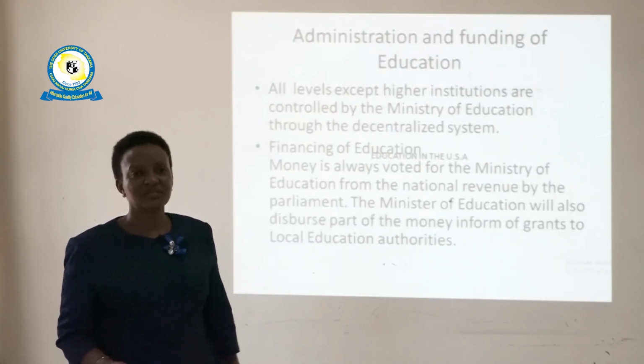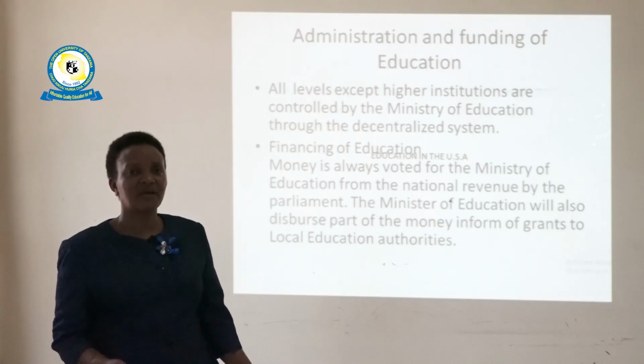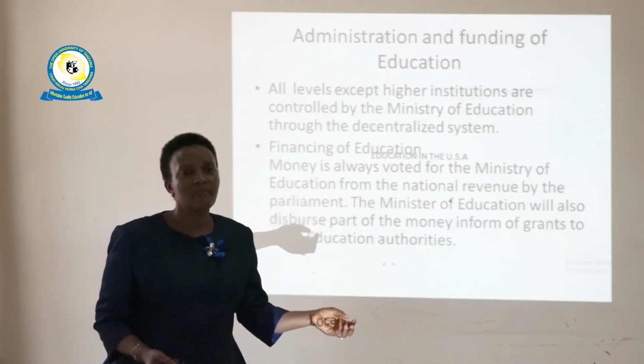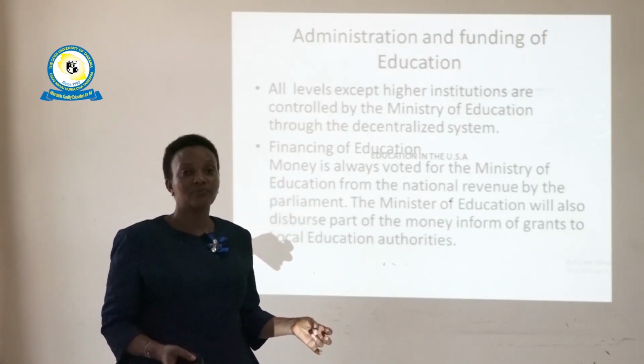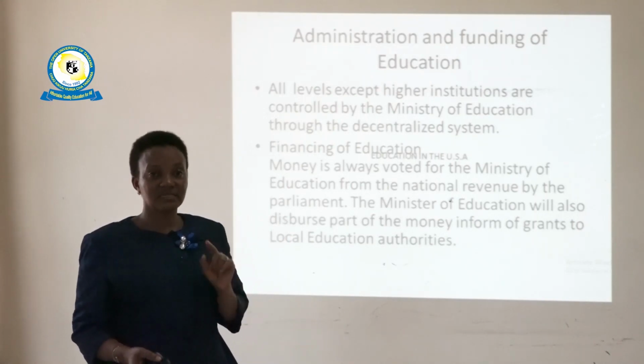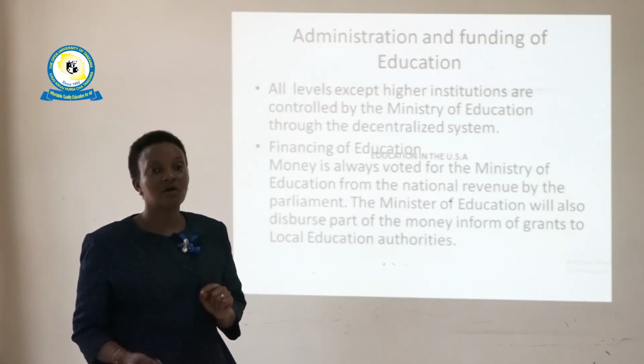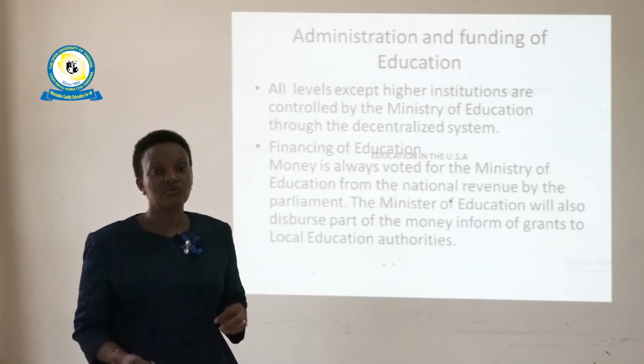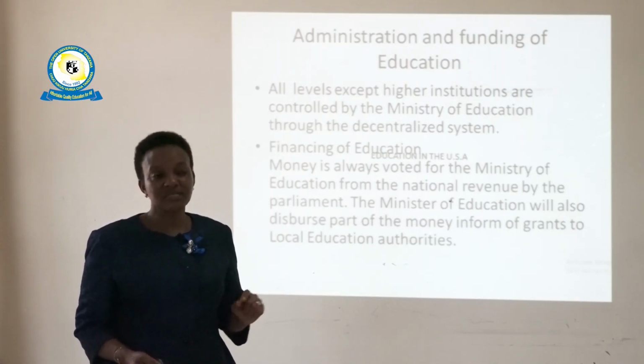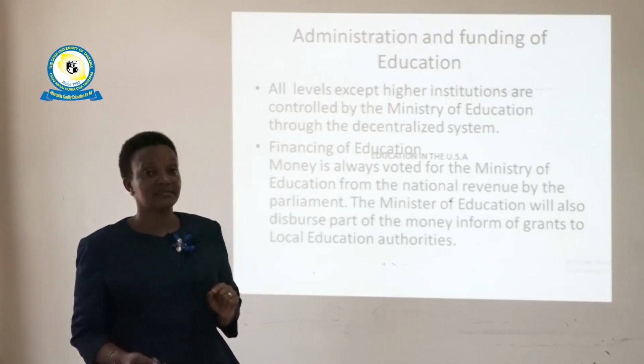Now, how is education administered and funded in the United Kingdom? All levels except higher institutions are controlled by the ministry through a decentralized system. So the education is more decentralized.